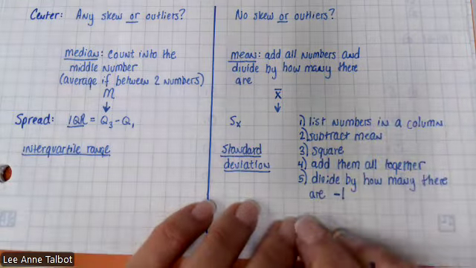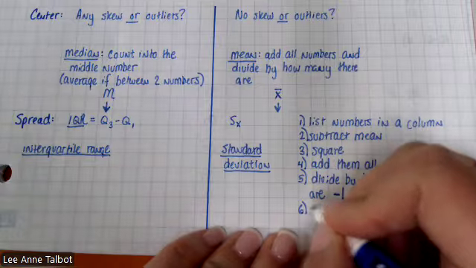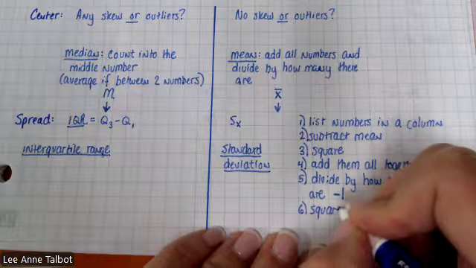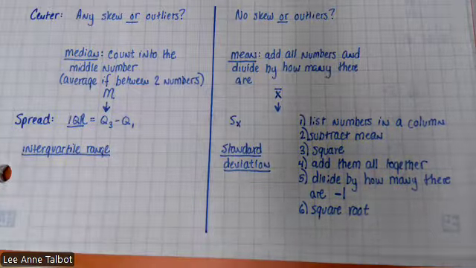Step 5: divide by however many there are minus 1. And then step 6: square root.